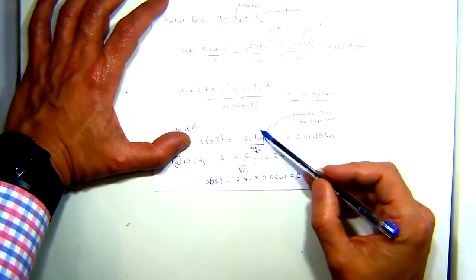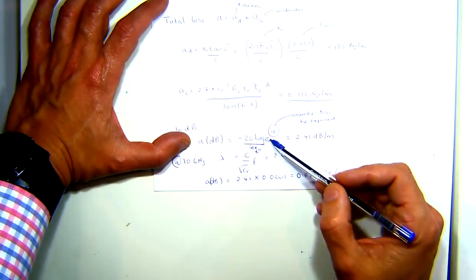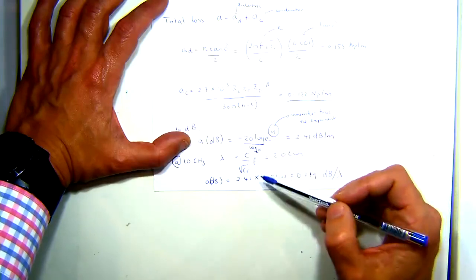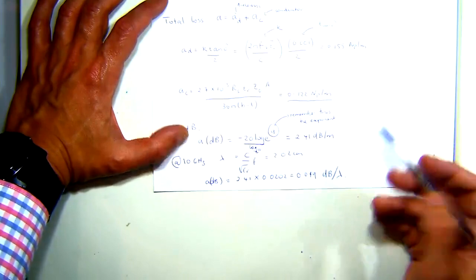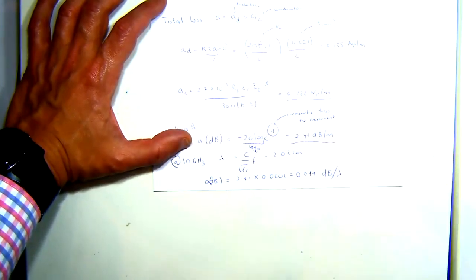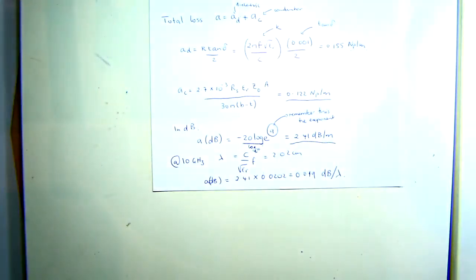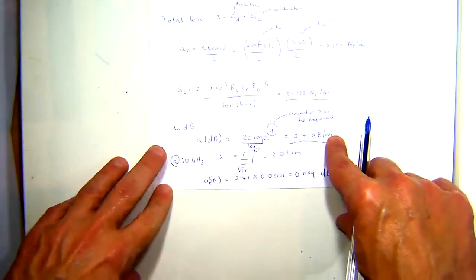But here I've got it in natural log. If I'm converting from natural log to log base 10, I've got to divide it by the natural log of 10. If you do the calculation, you get about 2.41 decibels per meter loss.